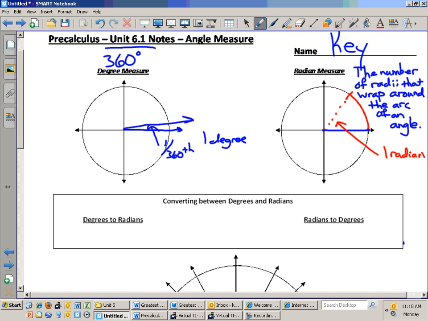Anybody? 200. No? 90. 60. 60 is a very good approximation. It's actually about 57.2 degrees. Okay? Now, you're not going to work with 57.2 ever. I'm going to show you how to do the conversion, but exactly 1 radian is about 57.2 degrees, okay? And that's when, again, 1 radius gets wrapped around.